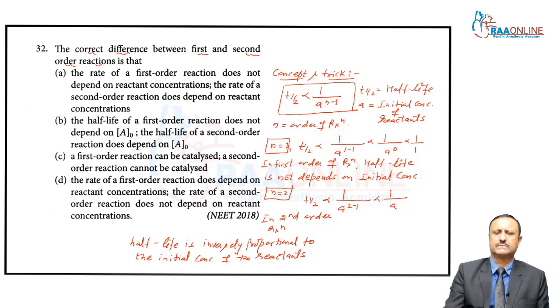So my dear students, in question number 32, option B, the half life of first order does not depend on the initial concentration a0, and the half life of a second order reaction does depend on a0, it is inversely proportional. This is the difference, and it is a very important formula for you: t half is inversely proportional to a to the power n minus 1.